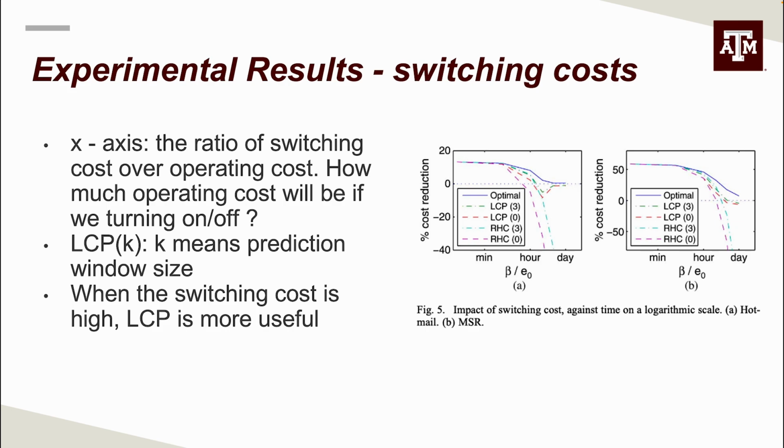On the x-axis, we vary the ratio of switching cost to operating cost. As switching costs increase, LCP outperforms other strategies because it minimizes unnecessary server switching.